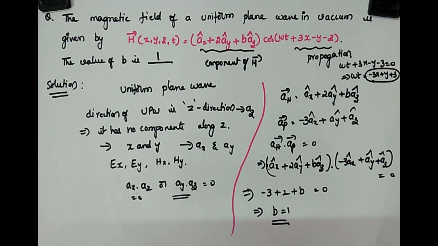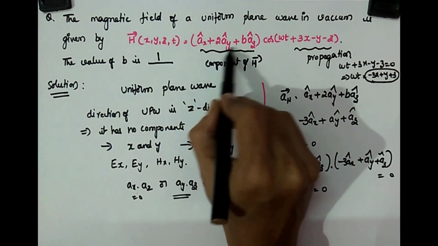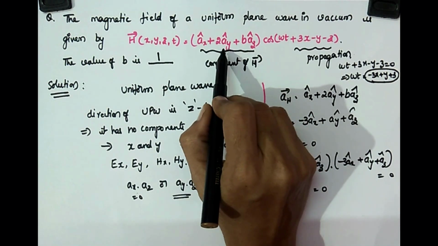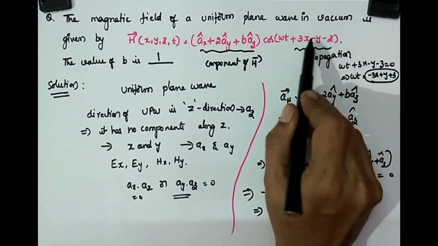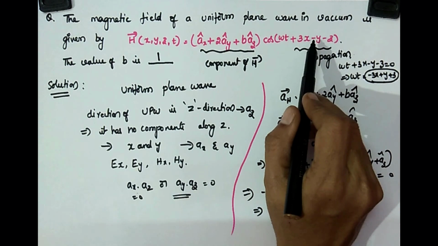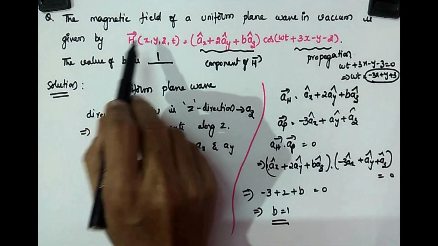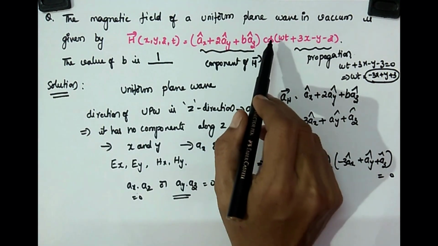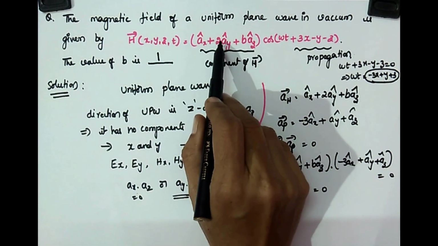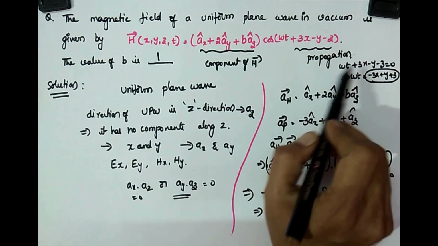Here is the concept: a uniform plane wave does not have a component along the propagation direction. Always, the first part gives the component direction, and the cos specifies the propagation direction. It may be sin also, and it may not be h bar, it may even be e bar. But you have to identify the component direction and propagation direction like this.